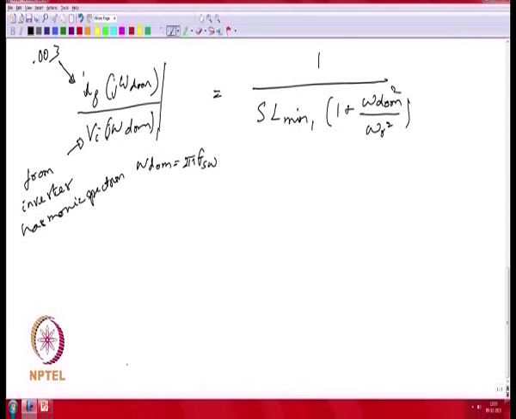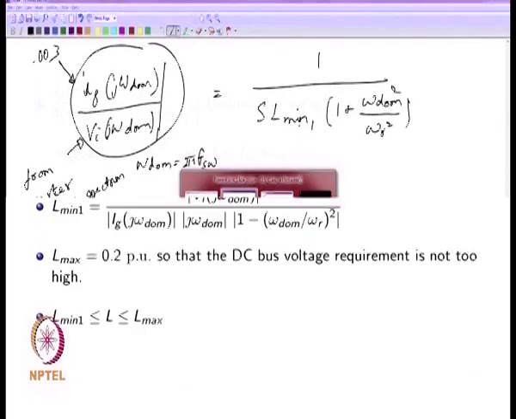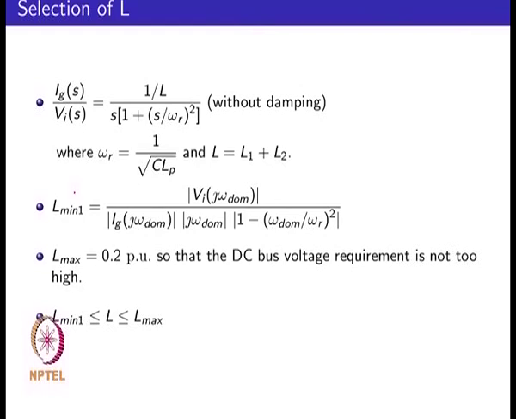One could then rewrite this expression, since we know what this quantity is, and assuming at this point we know the resonant frequency, we could put it in the form of determining L minimum in terms of known quantities. You know what the dominant frequency is.